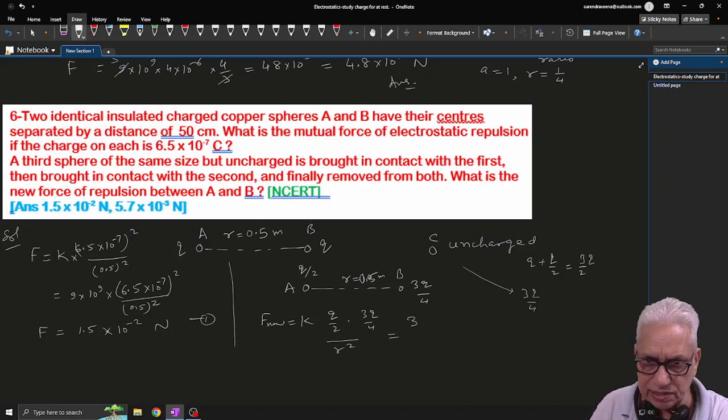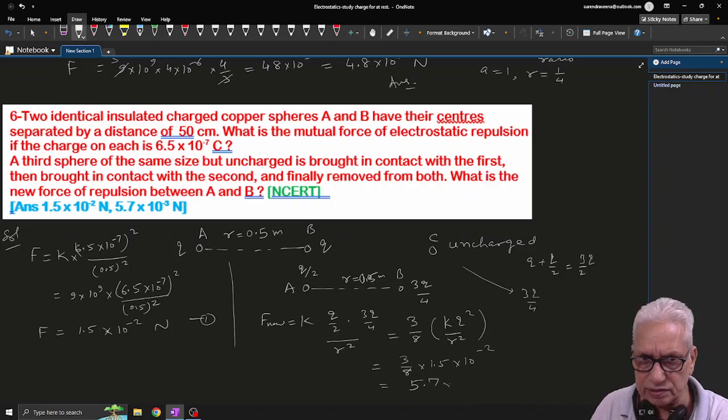It can be written as 3 by 8 and K Q square upon r square, which we have already calculated in equation 1. So 3 by 8 into 1.5 into 10 to the minus 2. After solving, it is coming 5.7 into 10 to the minus 3 Newton. This is the final force between A and B after C comes in contact one by one, and this is the answer.